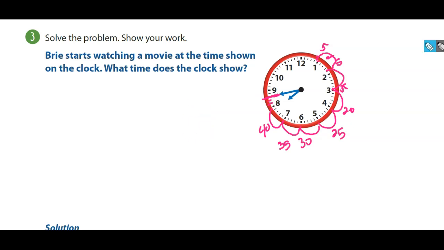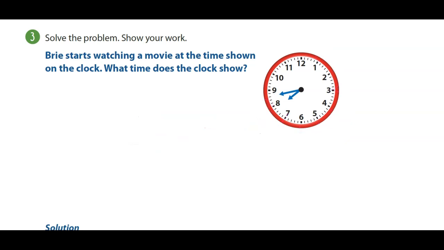That means I have 40, and then I went 1, 2, 3, 3 more. 40 plus 3, 43. So that would be 43 minutes. So then what's the hour though? 7. Now, if the arrow is pointing between 8 and 7, the hour is going to be 7, not 8. So what time does the clock show?